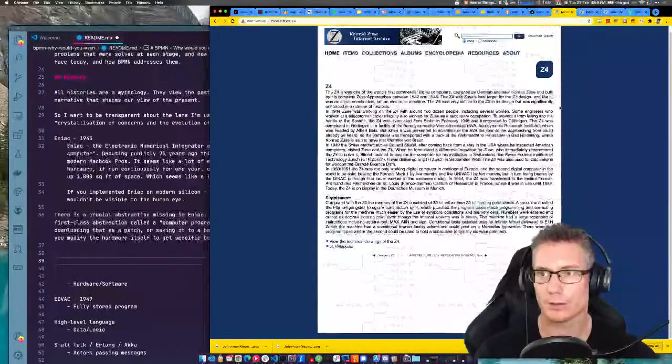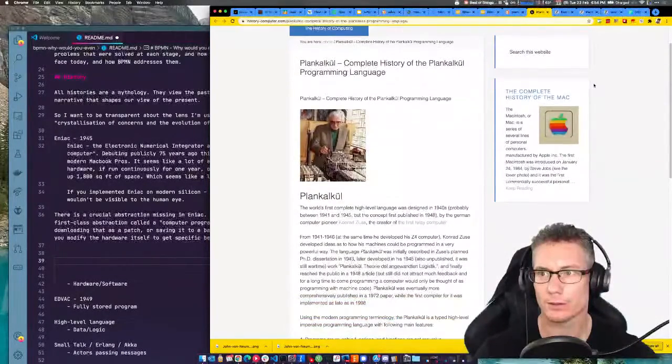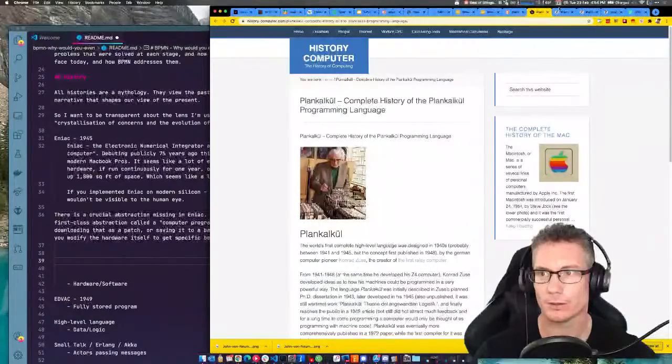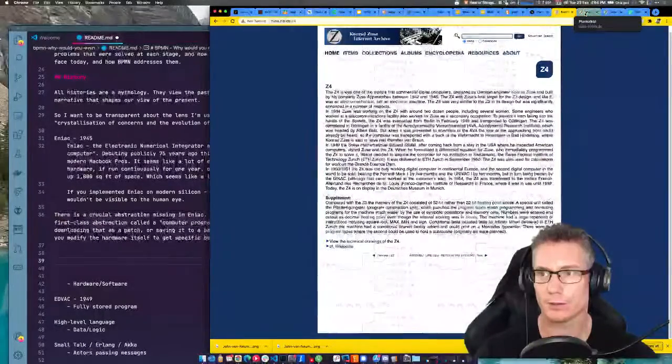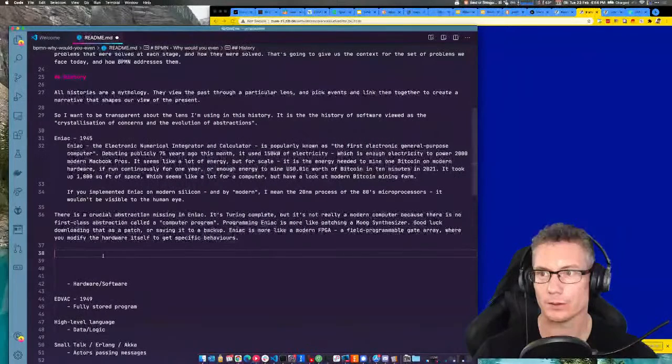The Ferranti Mark 1, Z4. Except American computers, the Z4, '44. So the Z3 was electromechanical. Used relays. So, okay, let's go to the EDVAC and then we'll do a flashback.